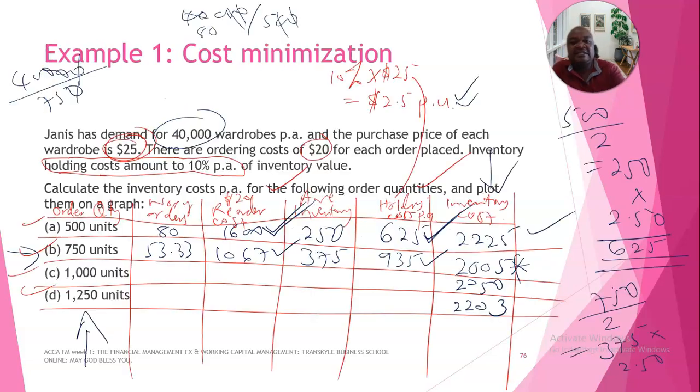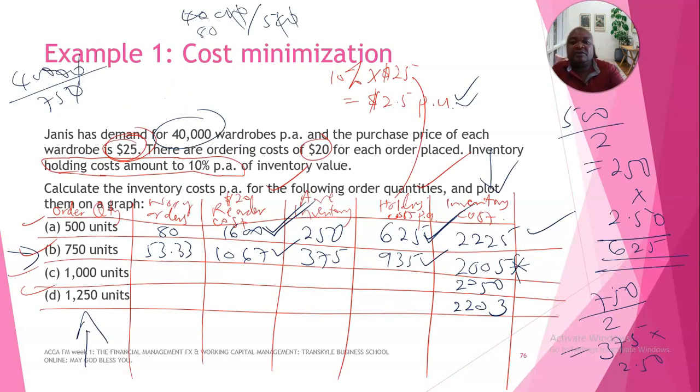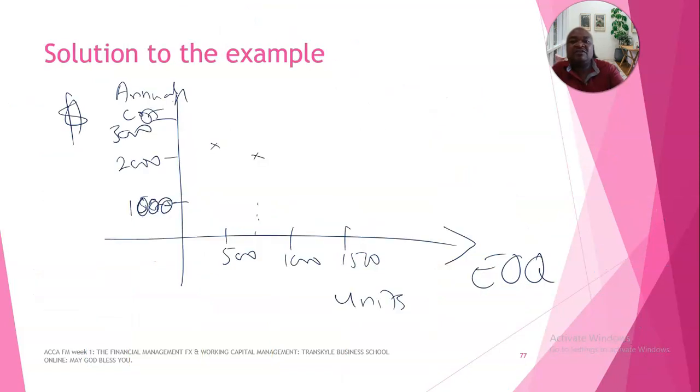And then the second quantity was 750 and the cost was 2,005, so the cost should actually be there. Then the other one was 1,000 and the cost is 2050, so the cost is somewhere there.